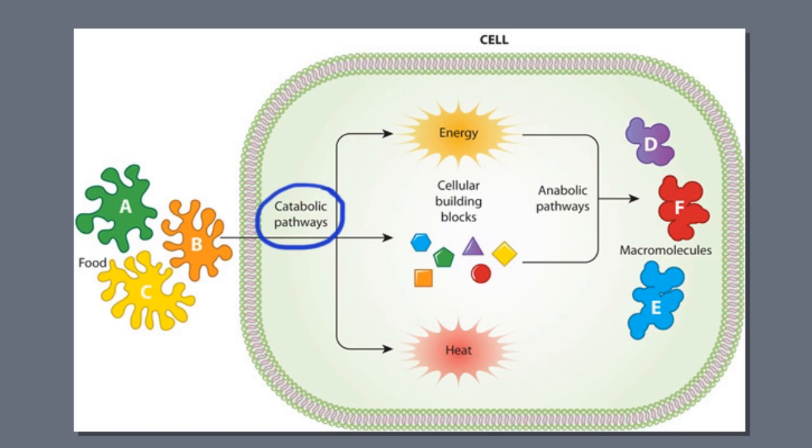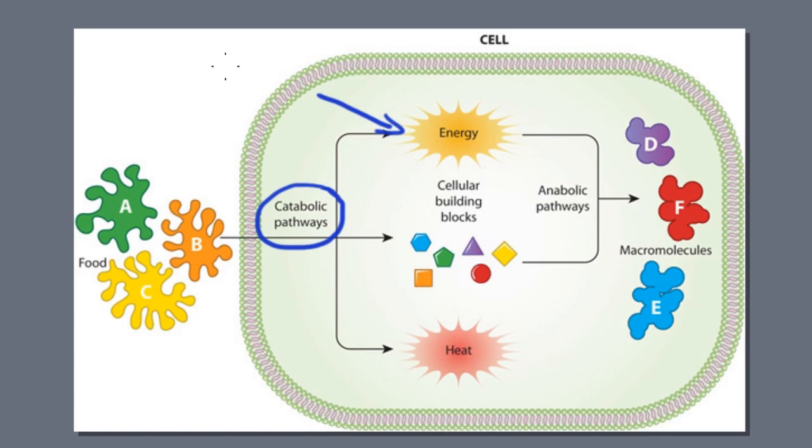Those smaller pieces, we can think of those as building blocks for the cell. This could be amino acids, it could be fatty acids, this could be individual glucose molecules. So we have a variety of components that we may end up with, and those will be important. But another very important thing that we get from this is the fact that we get the energy up here.